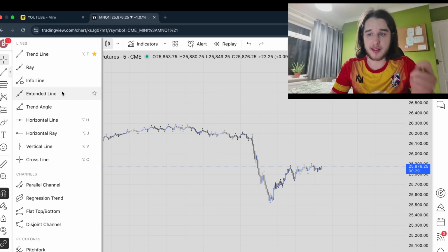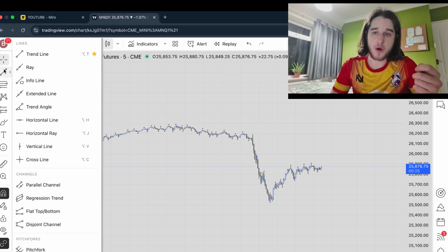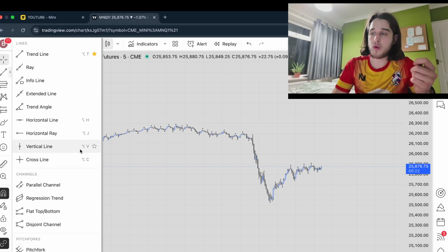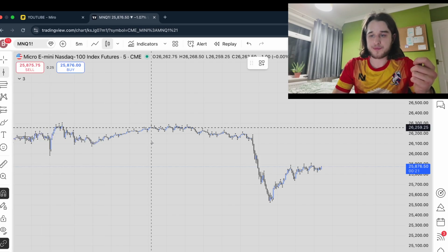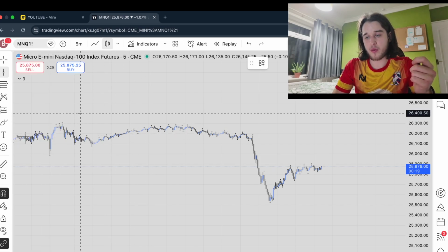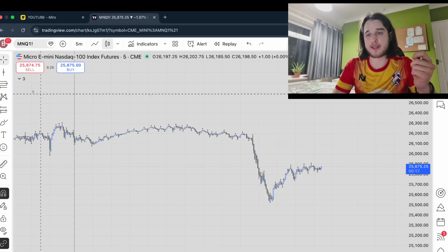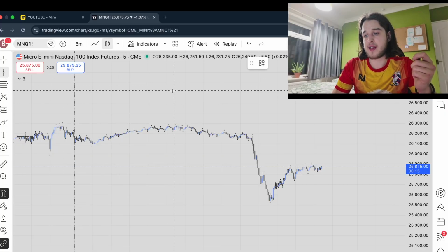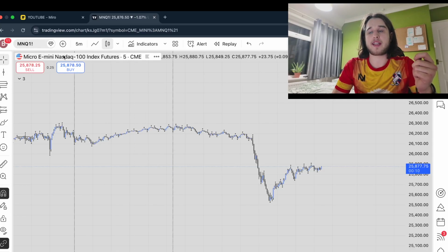Then once you've set it to London, what we want to do is come up here, down 1, and we've got the vertical line tool. With this vertical line tool, we're going to mark out 3 times. We're going to mark out midnight, we're going to mark out 8 o'clock, and right now we are on the NASDAQ chart.